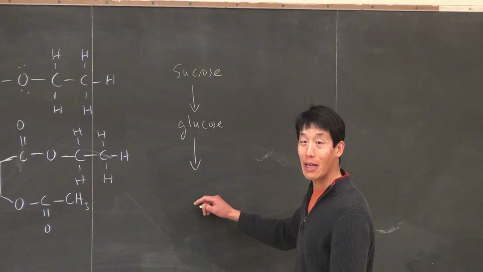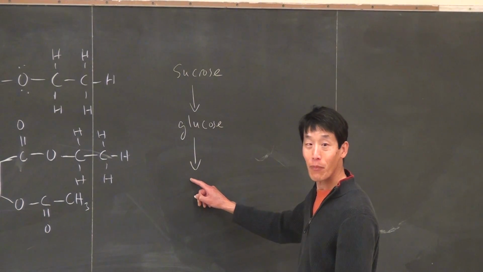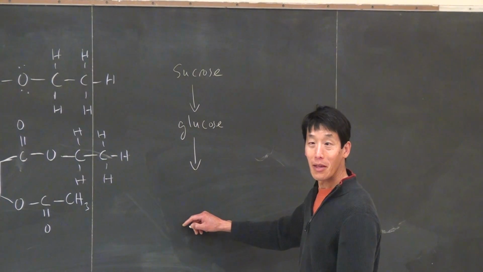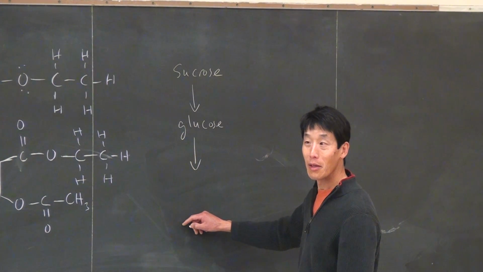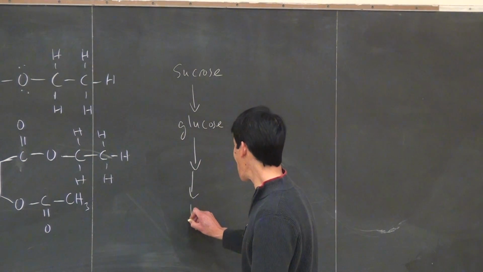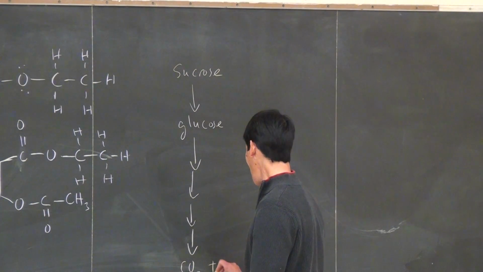Okay, so glucose then is converted to pyruvic acid, and ATP and ADP are involved. Eventually, it goes through all those steps and is converted to CO2 and water and energy.